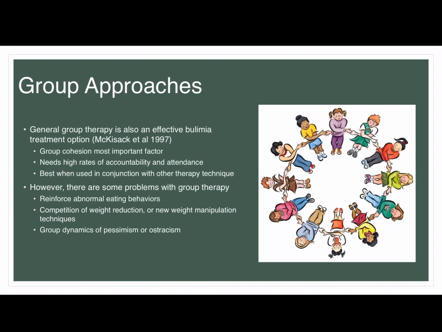Since bulimia is also linked with weight obsession, we do find sometimes in group therapies with bulimic patients that there's a weight competition, so who can manage their weight, lose the weight the fastest, and so it adds a new, almost anorexic element into the group dynamic, which is problematic. And so you want to make sure that you're aware of what the group is focused on. And as long as they can remain optimistic, as long as they're not ostracizing certain people.